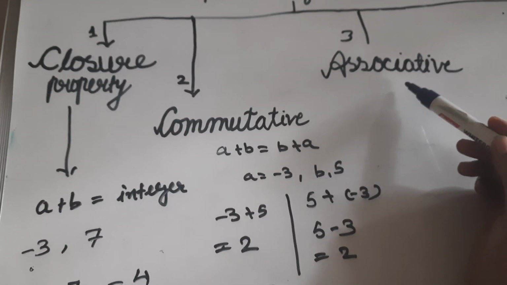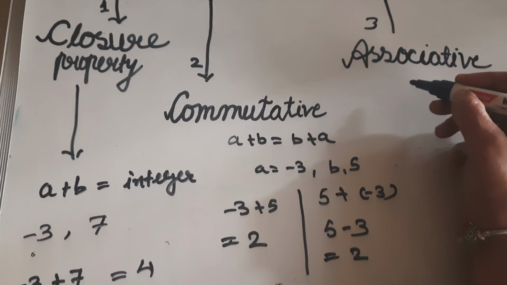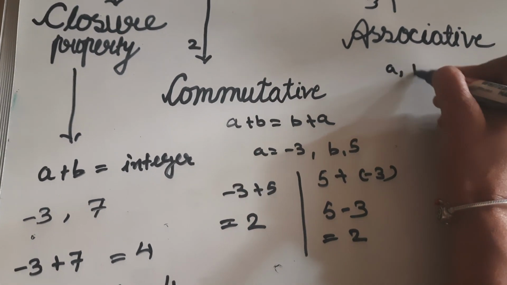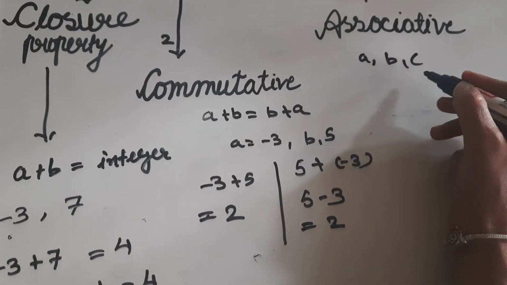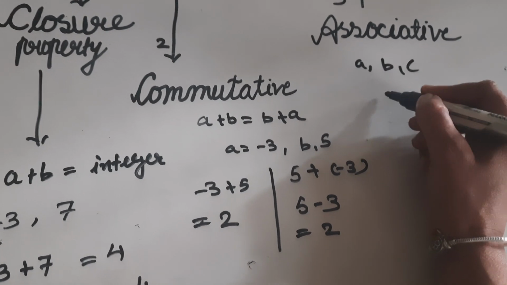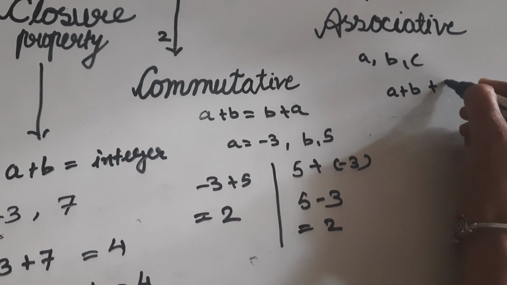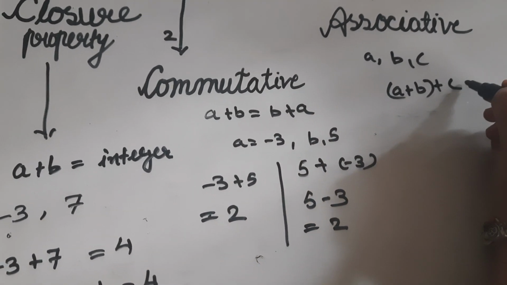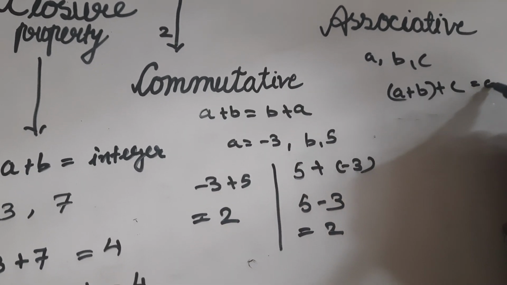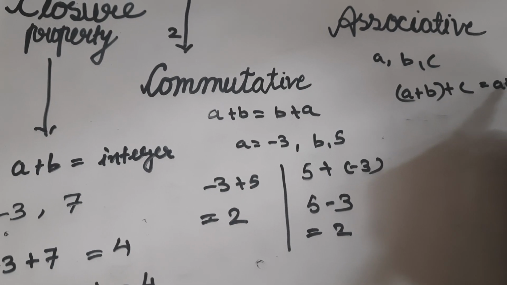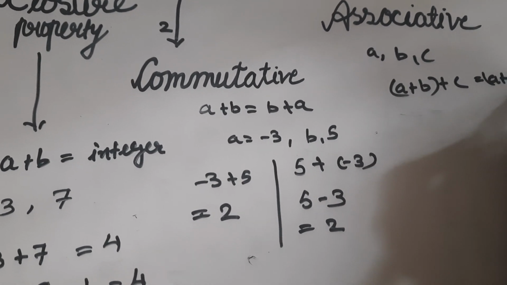Then comes associative. This property says that if a, b and c, 3 integers are there, and we group them like this, a plus b plus c, this will be the same as a plus c plus b.